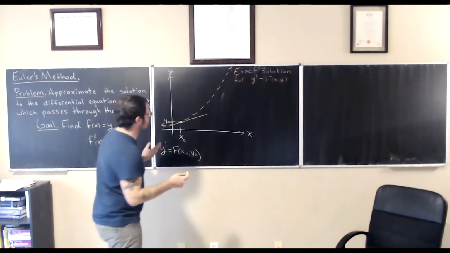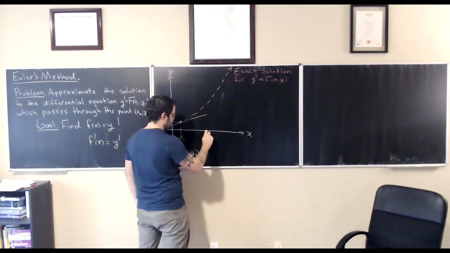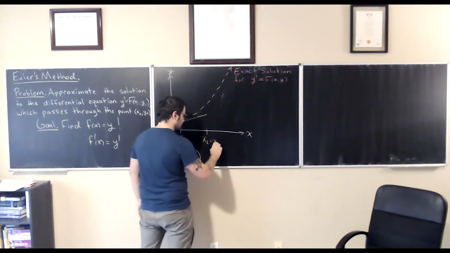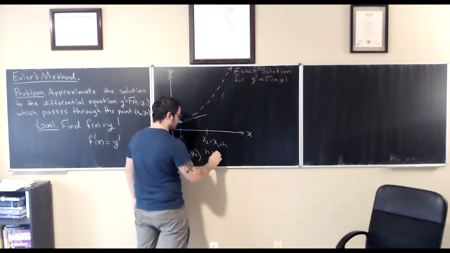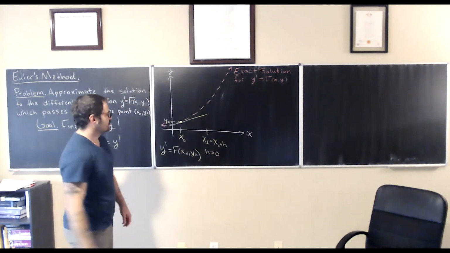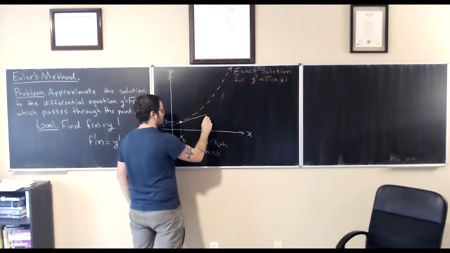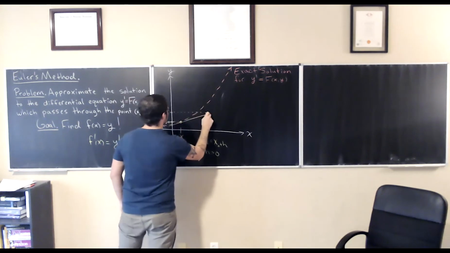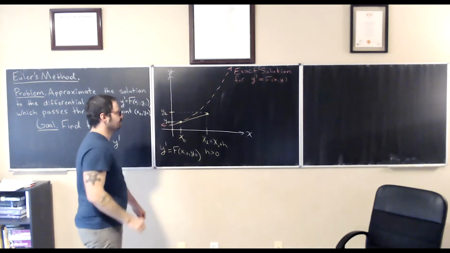Now, with that observation, we can say this line behaves like that solution. So let's pick a new x1, which is equal to x naught plus h, where h is just some positive number. So we've moved over a distance h. And we get a new y.